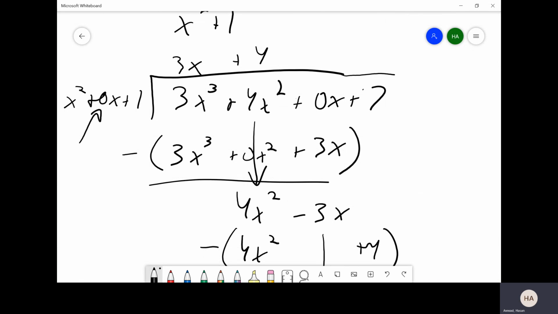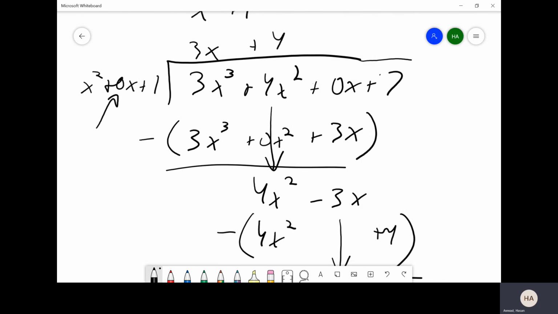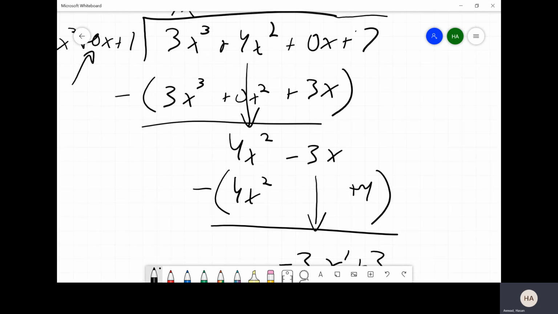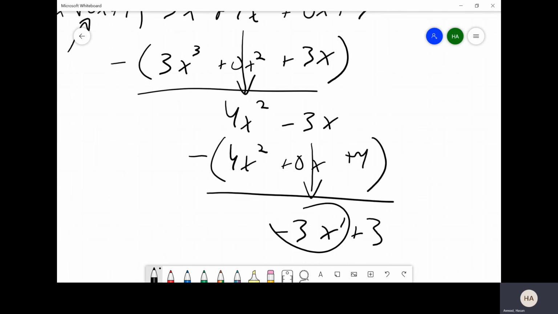So multiplying 4 against x squared gives you 4x squared. And now with this placeholder of 0x in your divisor, 4 times 0x is plus 0x, right? And what's going on here? Well, minus 3x. So negative 3x minus 0x still leaves you with negative 3x. So we see here that nothing is actually being impacted.